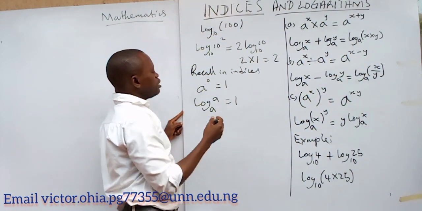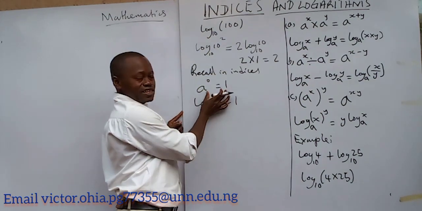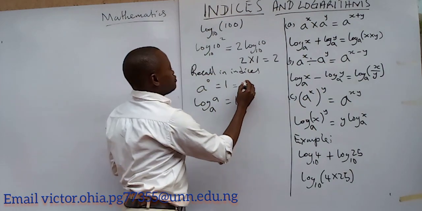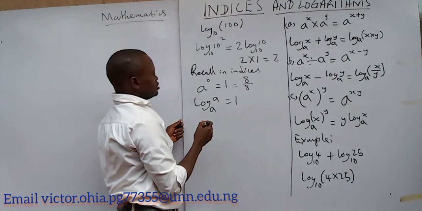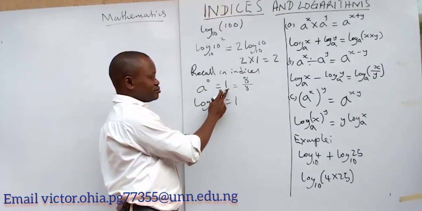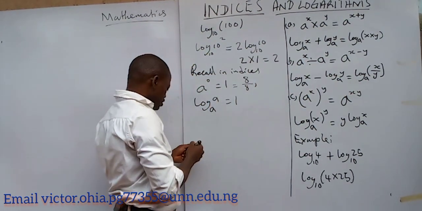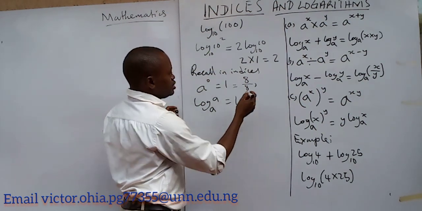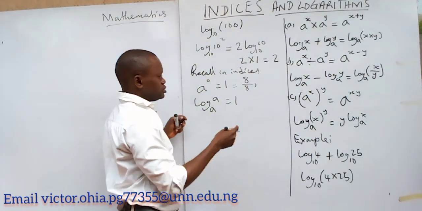Now, you remember what gave us this in indices. Something like, let me have 8 divided by 8, which you know is 1. 8 divided by 8 is 1. And this division here, I can rewrite it, as I explained when I was buttressing the laws of indices.